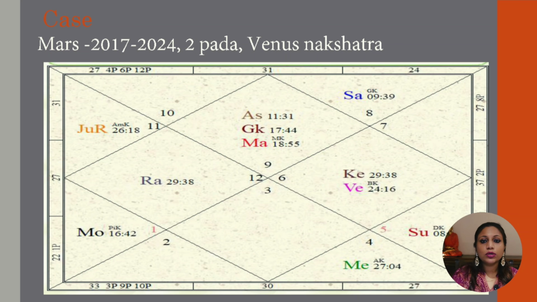Venus is not only debilitated in the 10th house, it is with Ketu also. Venus is Dikshonya. So we cannot expect great results from Venus. 2019-20 was a time when everyone's work, especially where you need to be physically present, was greatly impacted because of Corona. So that was the time period.